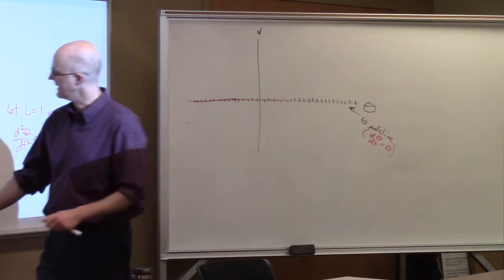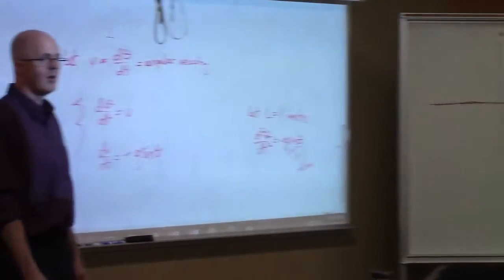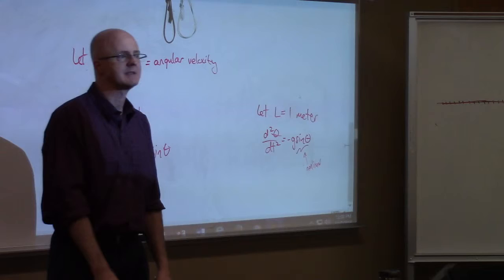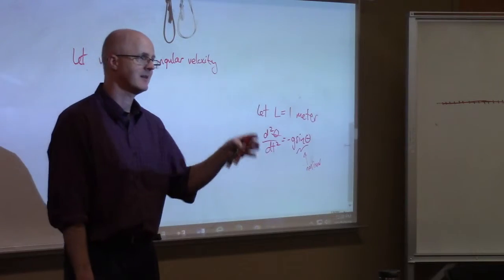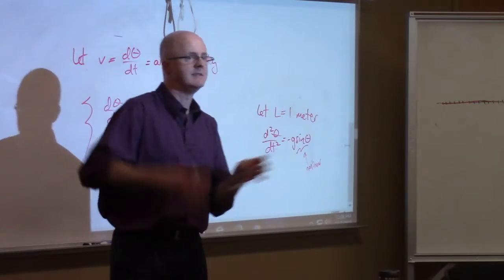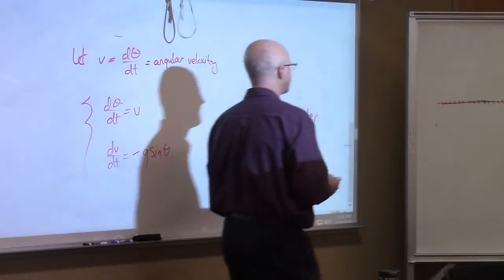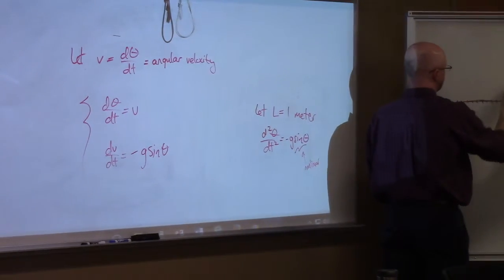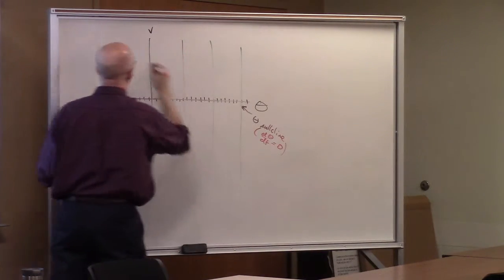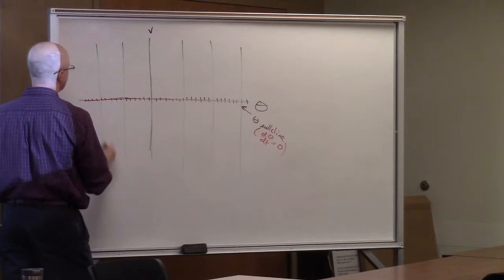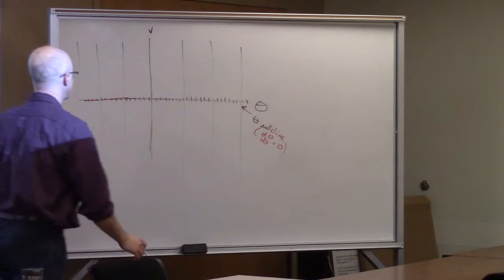What about the v nullcline, where dv dt is 0? That's going to occur when sine of theta is 0, which has infinitely many different values that theta could be to make it 0. 0, pi, 2 pi, 3 pi, 4 pi, negative pi, negative 2 pi, negative 3 pi, etc. Theta equals 0 is one of them, but also at pi, at 2 pi, at 3 pi, etc. Negative pi, negative 2 pi, negative 3 pi, etc. Ignore the inaccuracies in the picture.